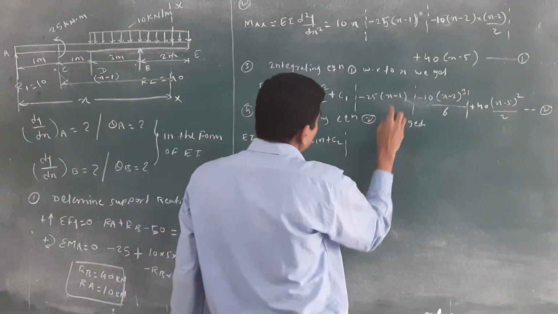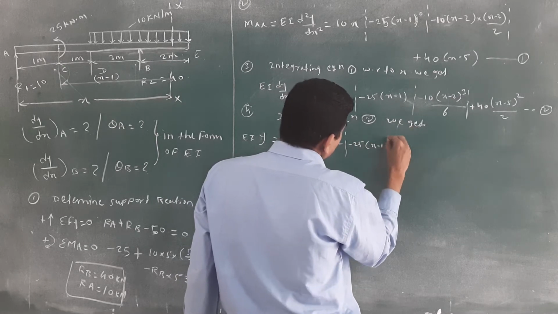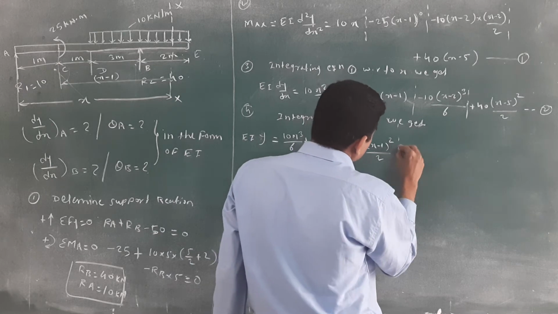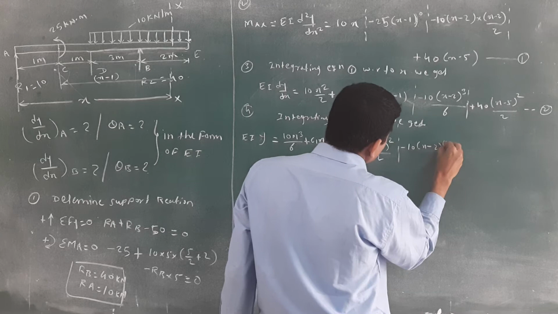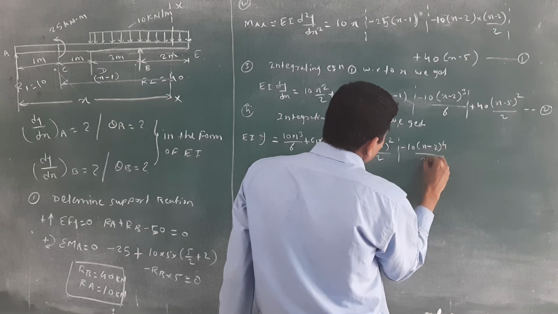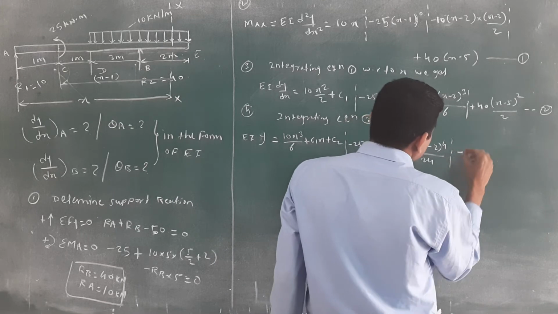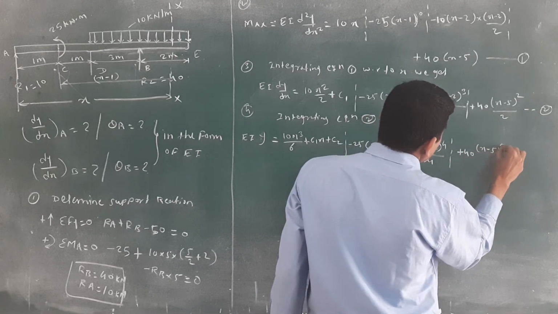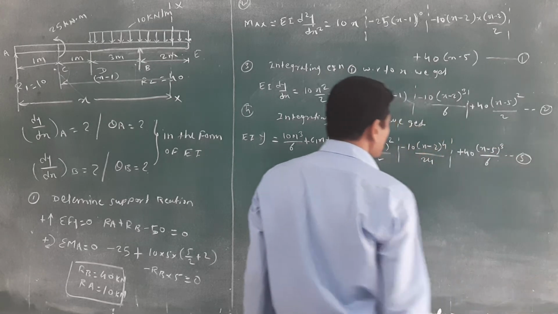The next one, minus 25 into (x minus 1) square divided by 2. The next, minus 10 into (x minus 2) to the power 4 divided by 24, 6 into 4. And the last section, 40 (x minus 5) cube divided by 6. This is equation number 3.